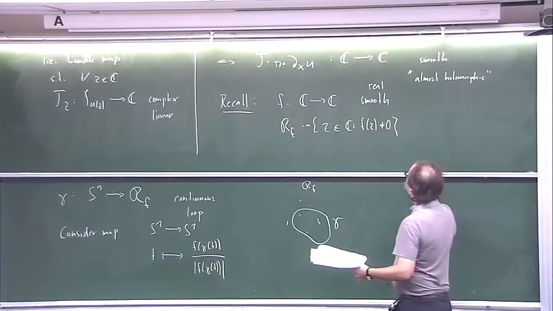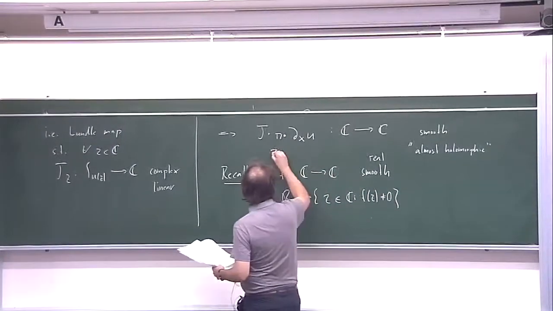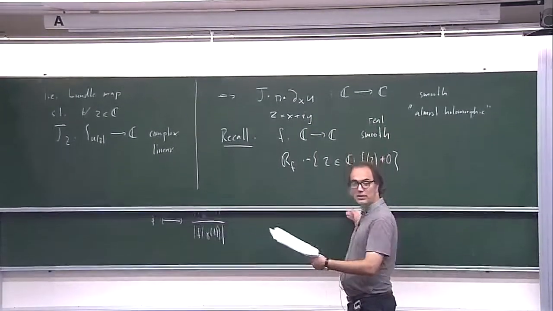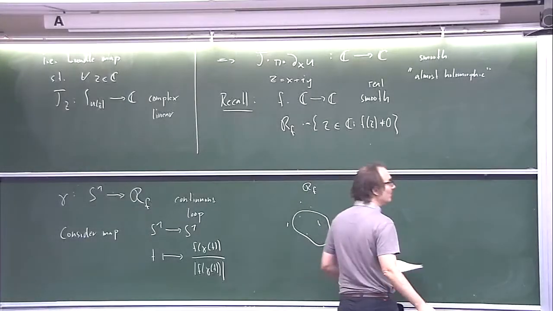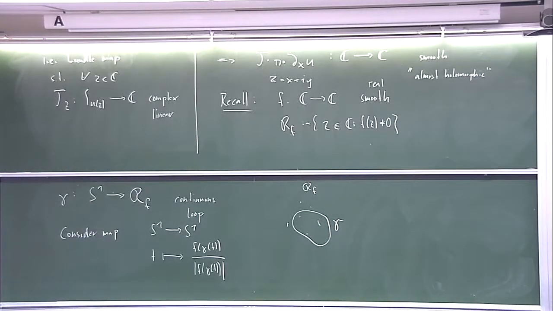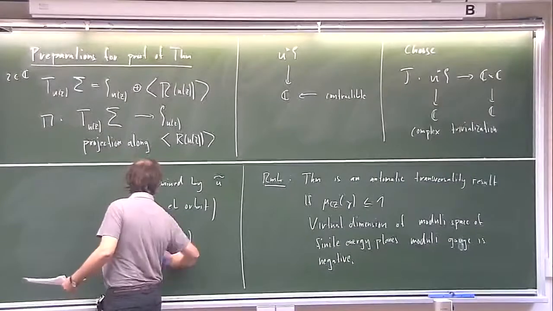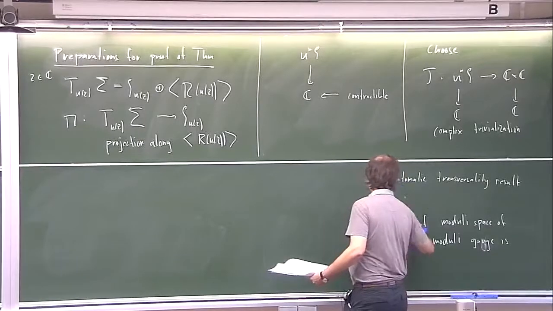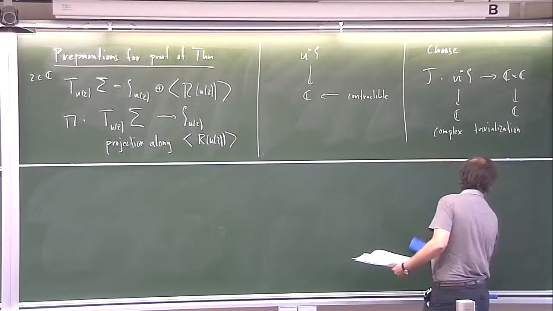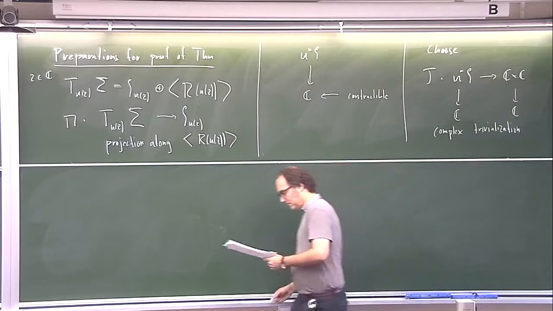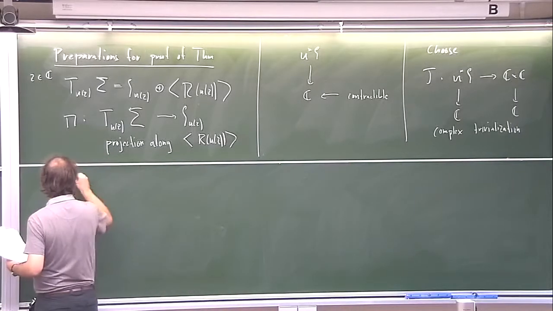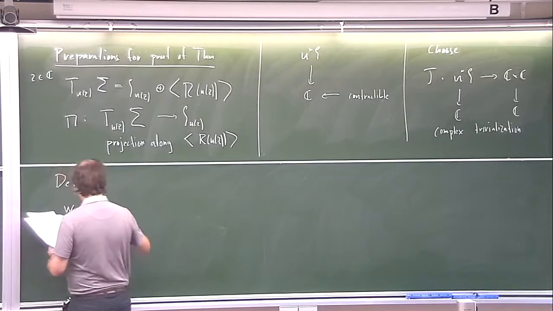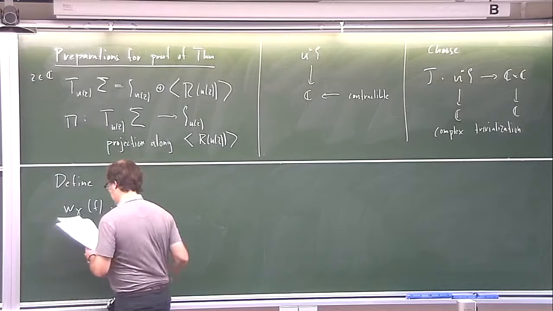Right, so we have z equals x plus iy, and we just take the partial derivative in the x direction. And so define W gamma f, the winding number, as the degree of this map from S1 to S1.